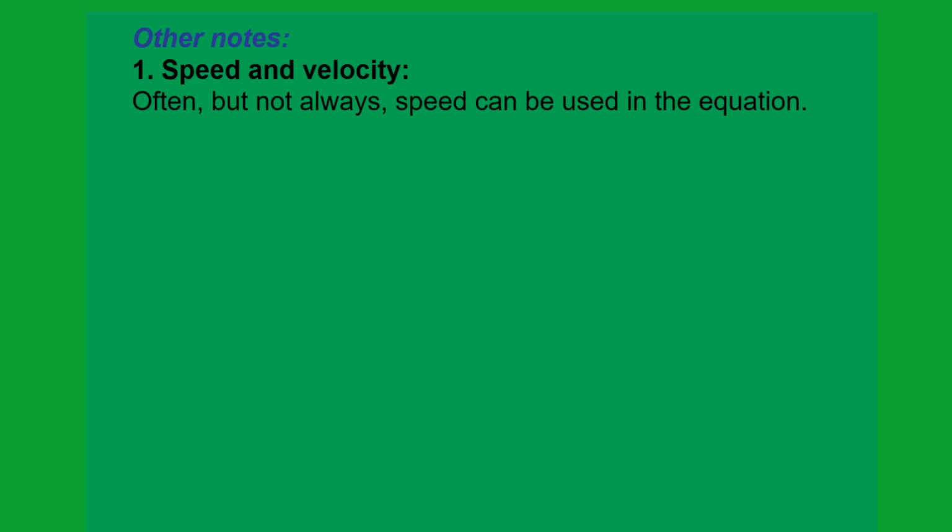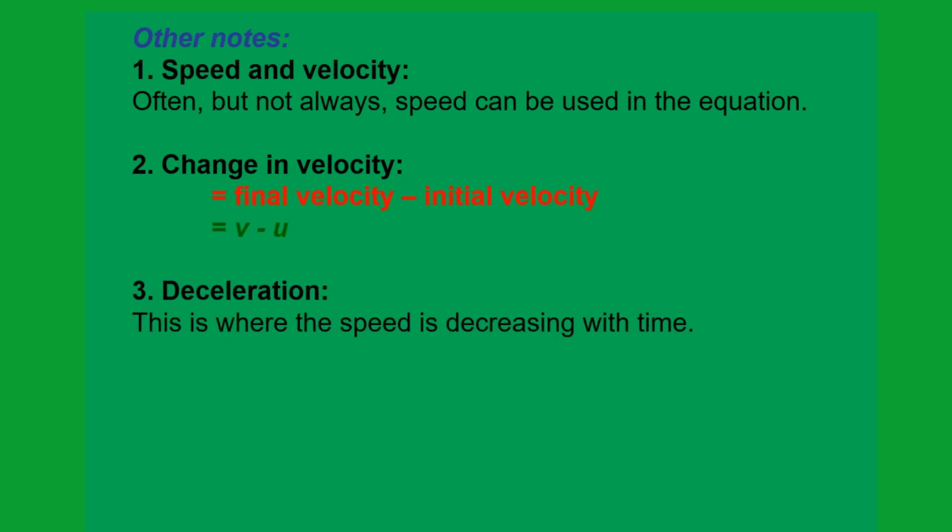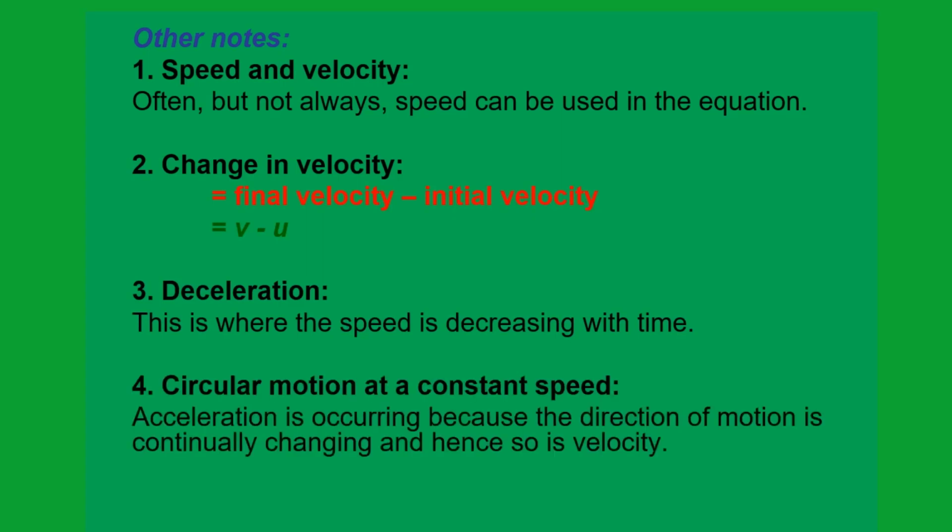Other notes: speed and velocity. Change in velocity is final velocity minus initial velocity, so v minus u. And deceleration is where the speed is decreasing with time. Circular motion at constant speed.